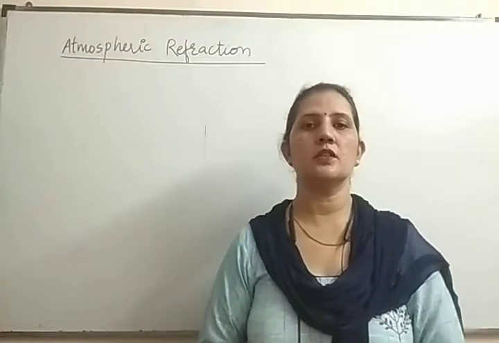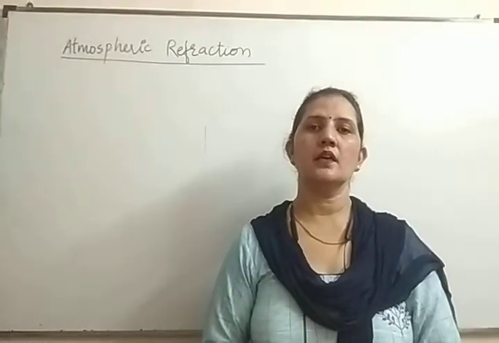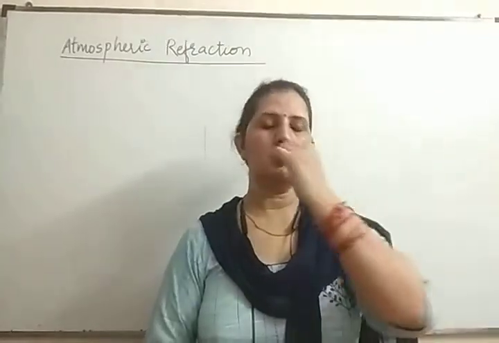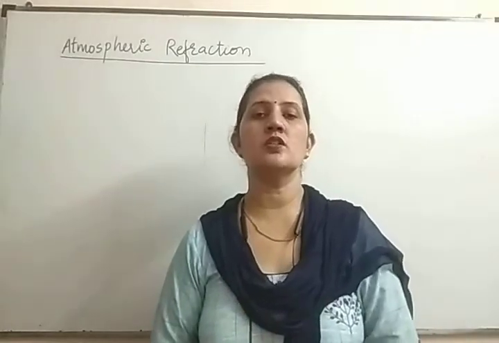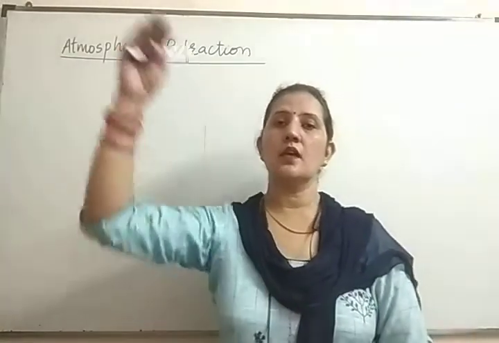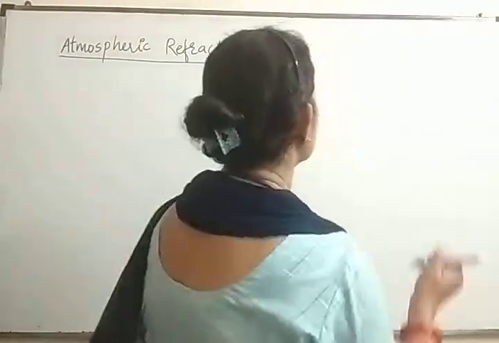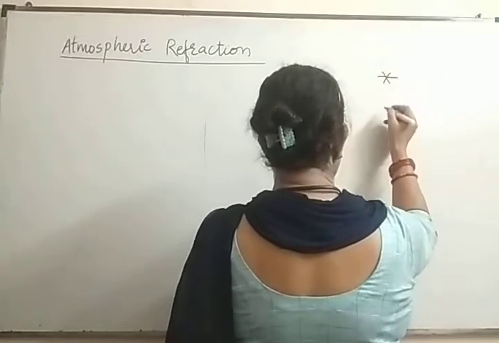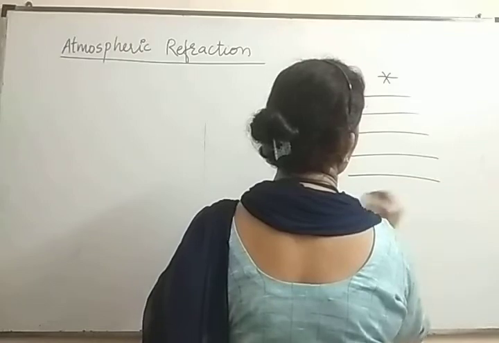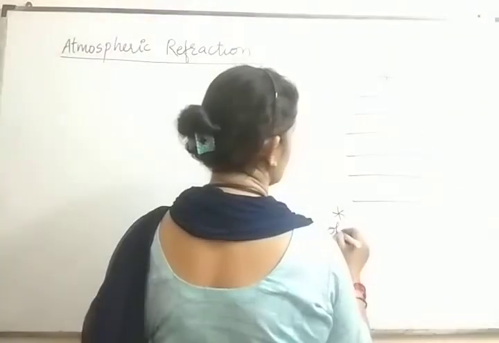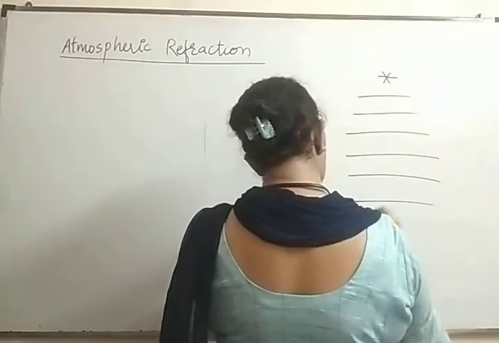That increase in temperature makes the layers rarer, and hence when the light from the sun travels to the observer, or you can say to our eyes, that light has to pass many layers. Suppose this is the sun and this is the observer; the light rays from the sun to the observer have to travel a longer distance.